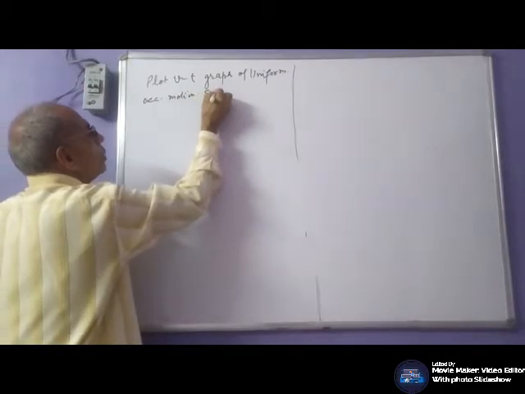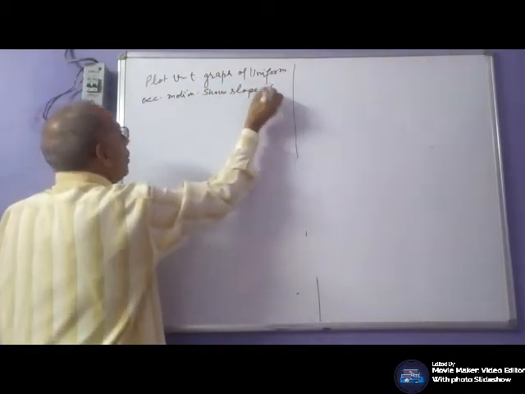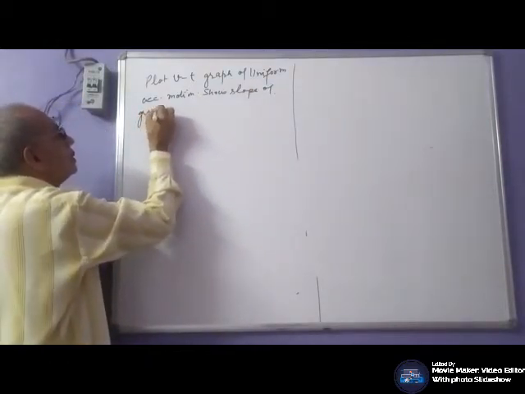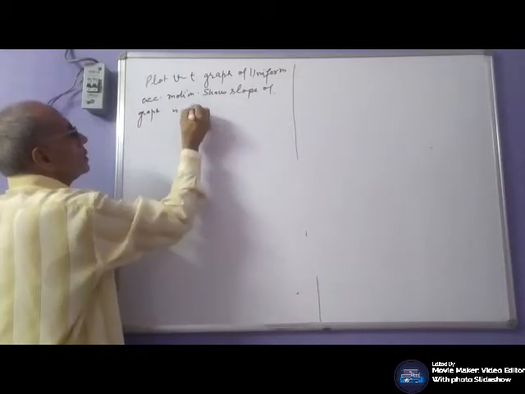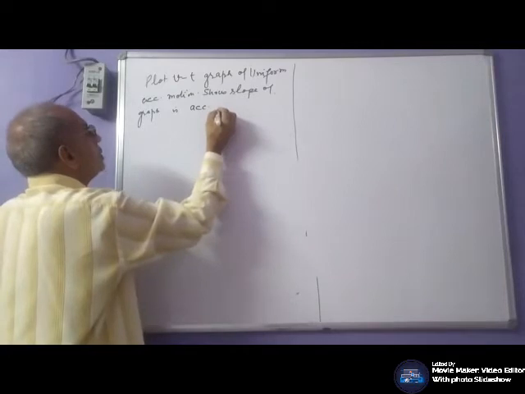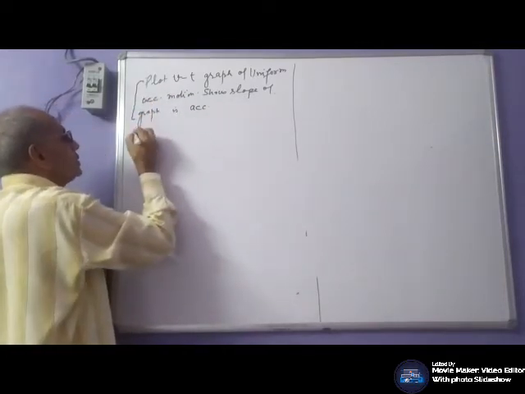Show that the slope of the graph is acceleration. This is a question.